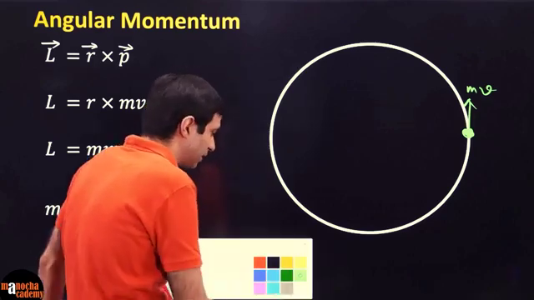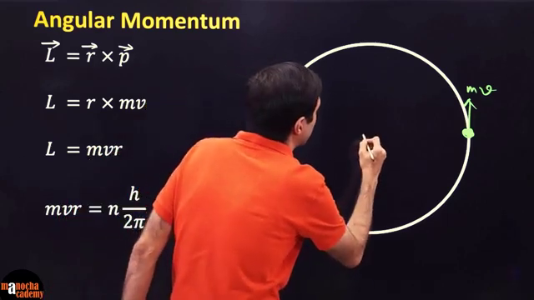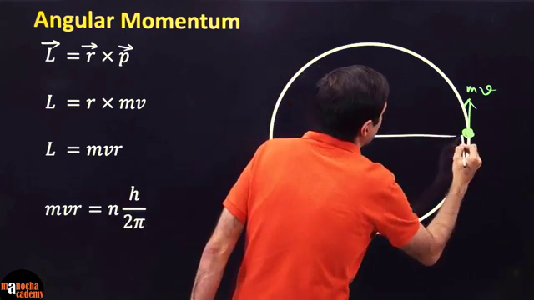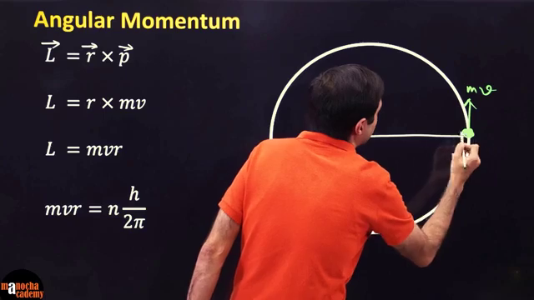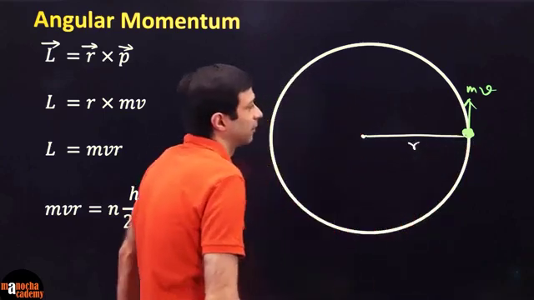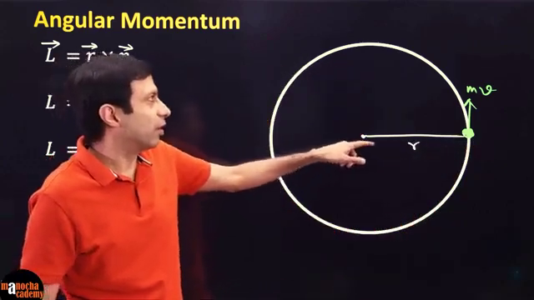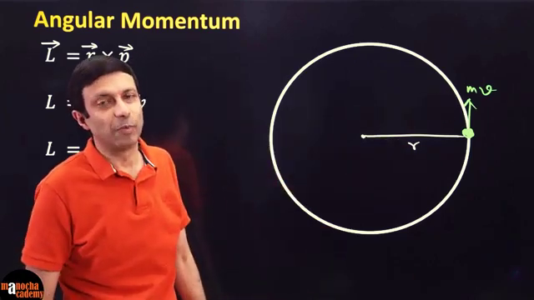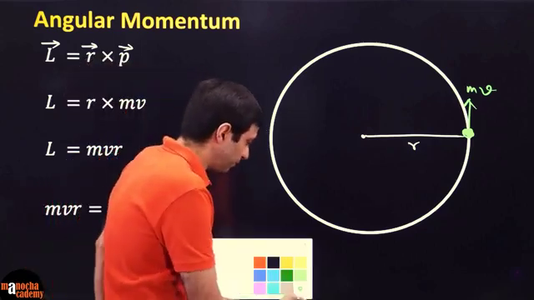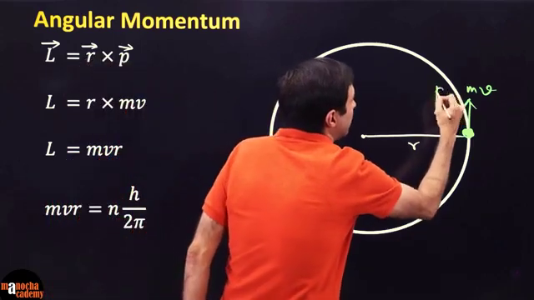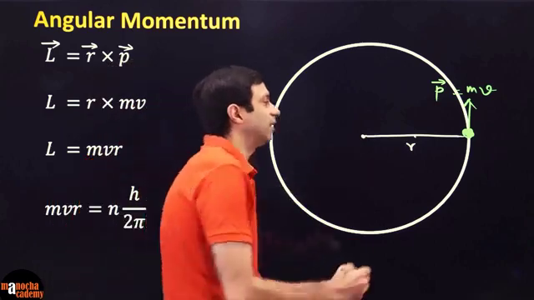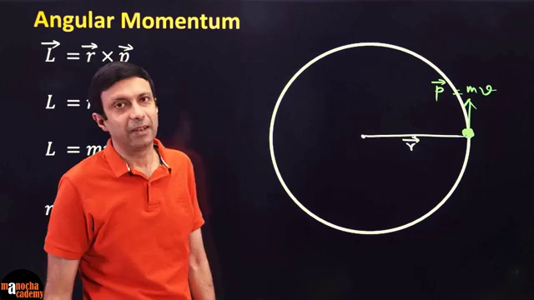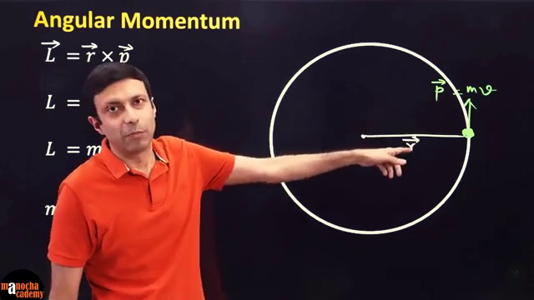So if we are considering from the center of the circle, and we say the circle has a radius r, then this cross product of the radius with the momentum is called the angular momentum of the electron. This is the momentum p, and this is our distance vector where we are considering the moment of that momentum.